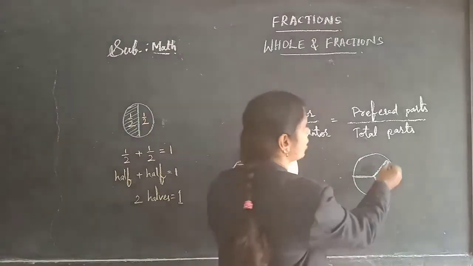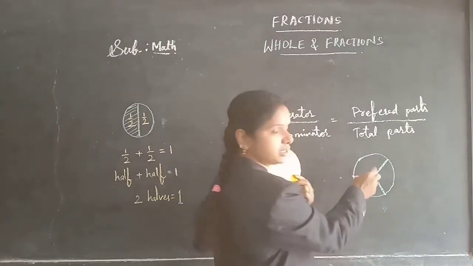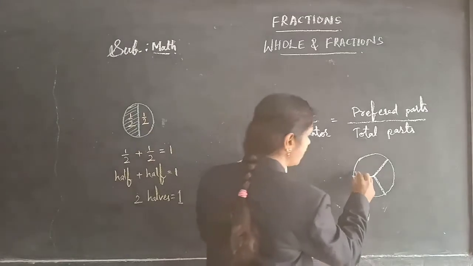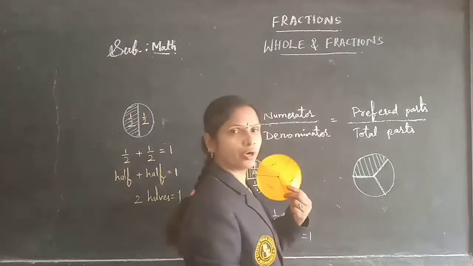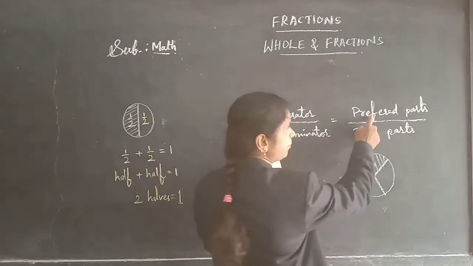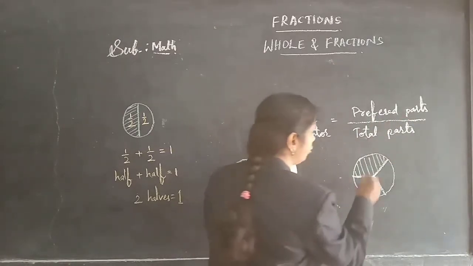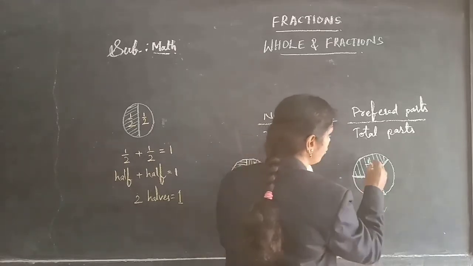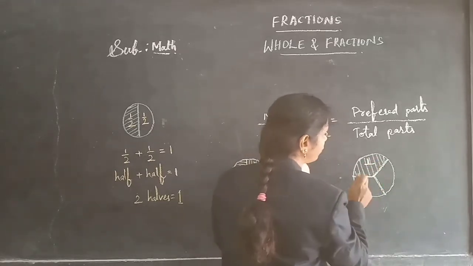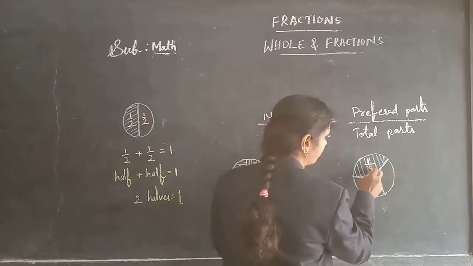So what fraction can I write for it? The fraction here, you see. What is the fraction for this shaded part? I am preferring one part, no? 1 by, total parts are 1, 2, 3.